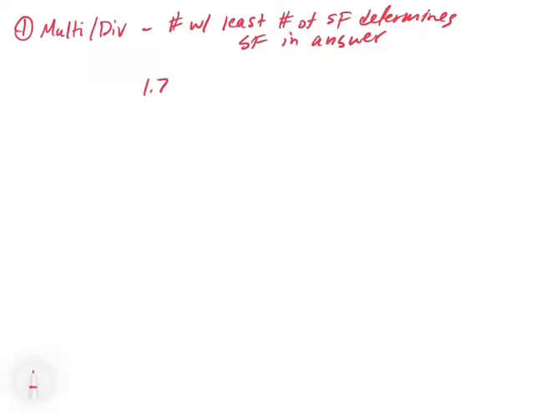So for example, if we were to take 1.74 times 4.3 and then we divide that by 3.42, we need to figure out how many significant figures we are going to have. What you always do, no matter what, is plug this into your calculator exactly as it is and get a number. So you would get 2.187719, and it goes on, out of your calculator.